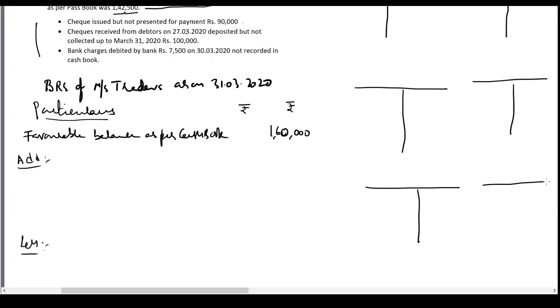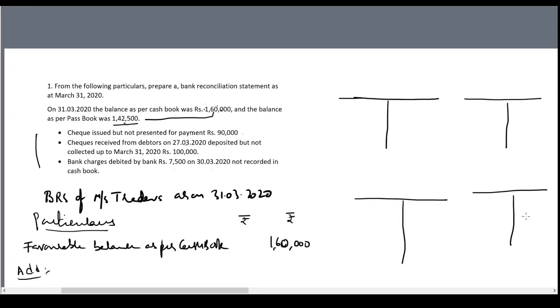This is part of your rough note or working notes. I am going to start with the cash book balance and arrive at the passbook balance. I want to make the cash book equal to the passbook, that is why I am putting a star mark on the passbook. If I want to arrive at the cash book starting from the passbook, then I'll put a star mark on the cash book.